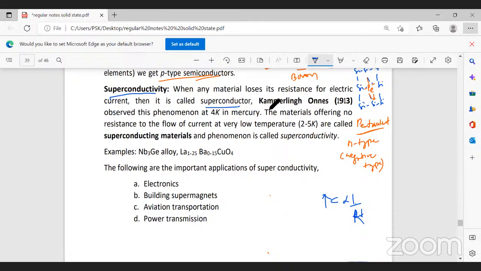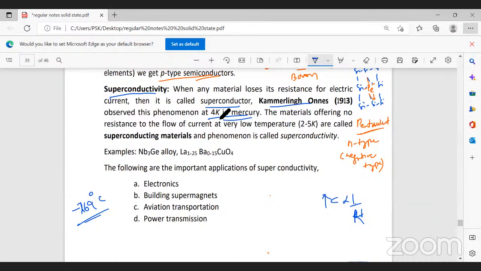So Kamerlingh Onnes in 1913 observed this phenomenon at 4 Kelvin in mercury. Mercury is a liquid metal. Just imagine 4 Kelvin. 4 Kelvin is around minus 269 degrees Celsius. Very, very low temperature.